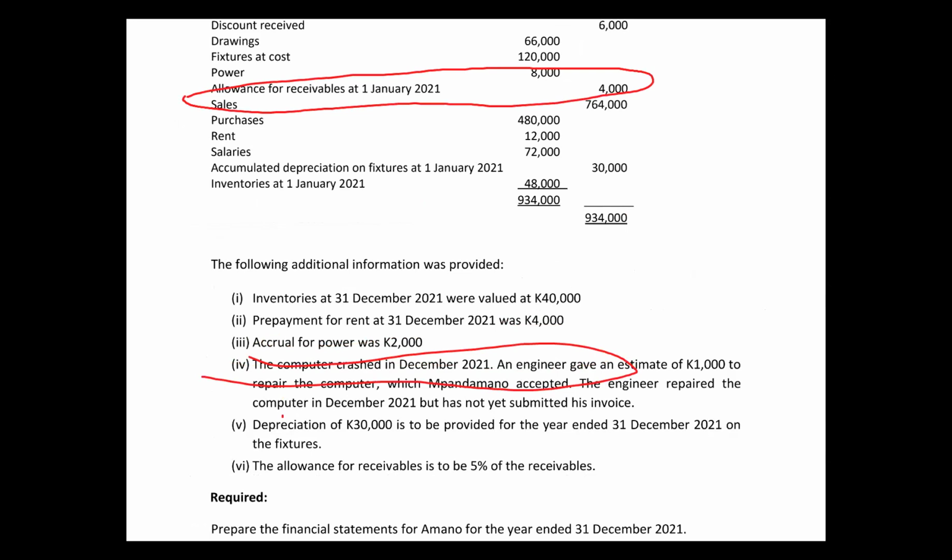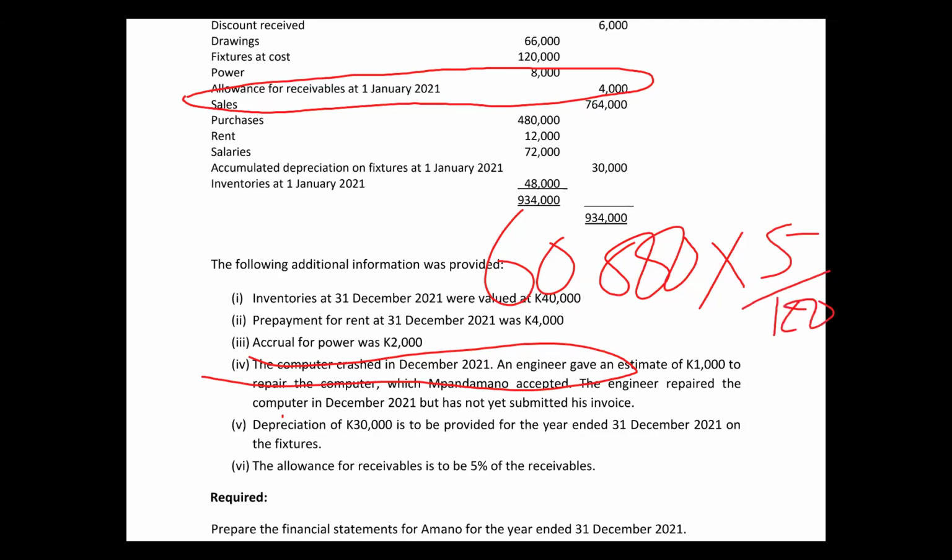Our receivables is 60,000. So you need to take 5% of that to get the allowance for receivables at the closing of the period. What is 5% of that? 5 over 100 times 60,000. What do you get? This is the closing allowance for receivable.